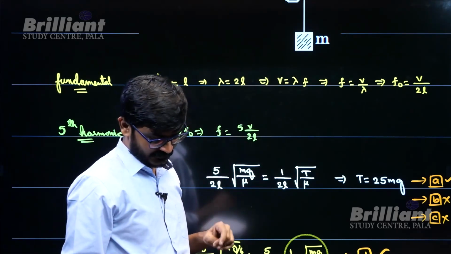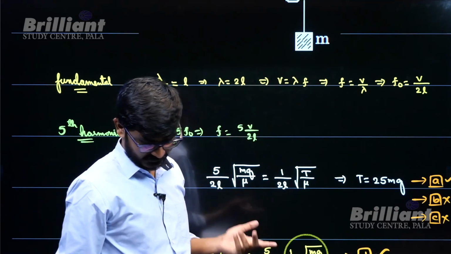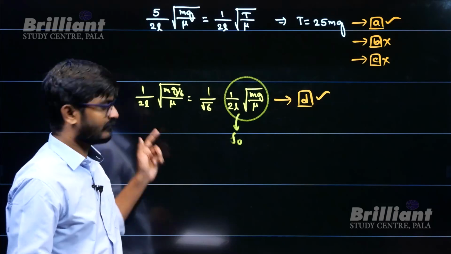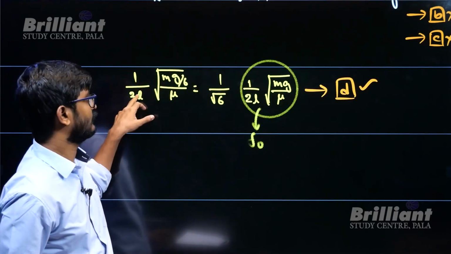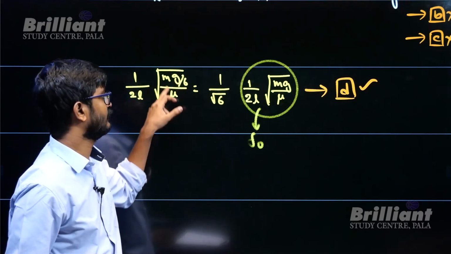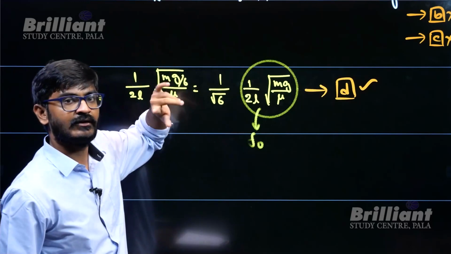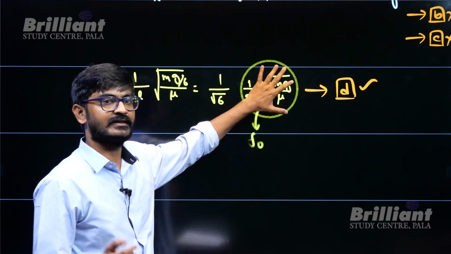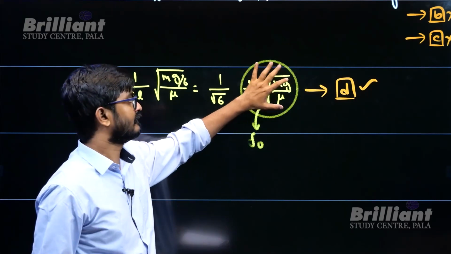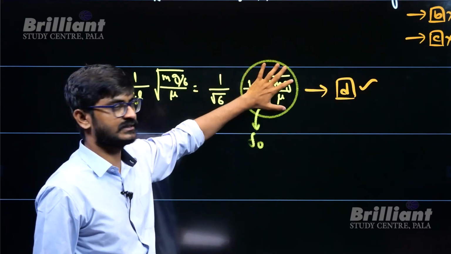On performing the same experiment on the moon, the string will not oscillate in any mode. When you perform it on the moon, the fundamental frequency will be 1 by 2L into root of T by mu, where T will be mg by 6. So the fundamental frequency is 1 by root 6 times the one on the earth. 5 times the earth's fundamental is given in the question.